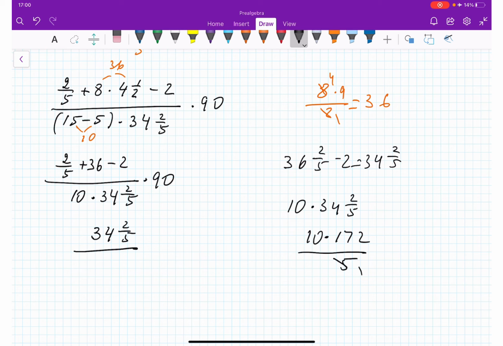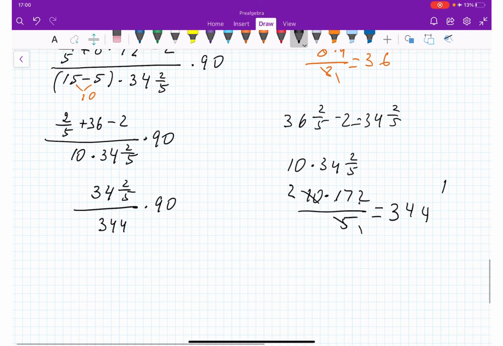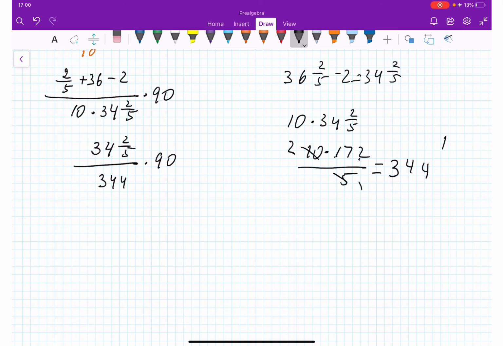This is gonna be divided by 5, both of them, 1 and 2, and 172 times 2, it's gonna be, 2 times 2 is 4, 7 times 2 is 14, 1 in mind, 1 times 2 is 2, and 1, we are getting 344. 344 times 90.